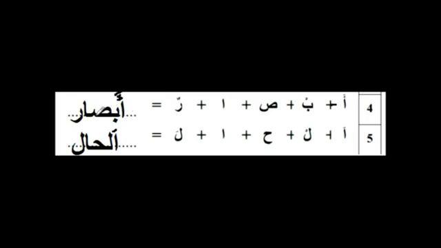You wouldn't really be able to go smooth and not lift your pencil, so you would write the ba, lift your pencil, start writing the sad, and connect to it like that. And you would connect it to the alif, and then go back and put the dot on the ba. Then you follow that by the ra.